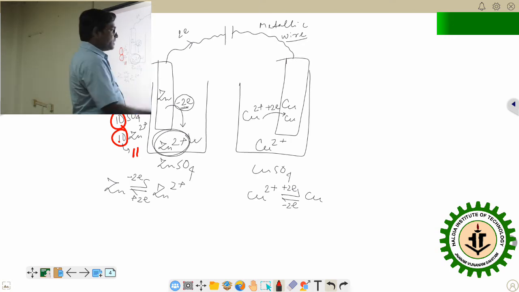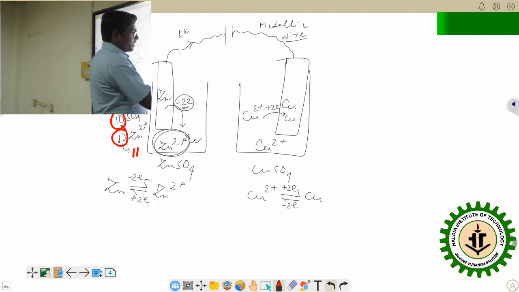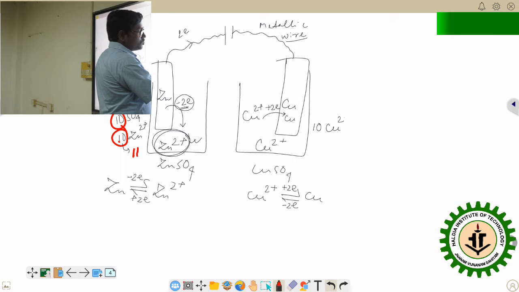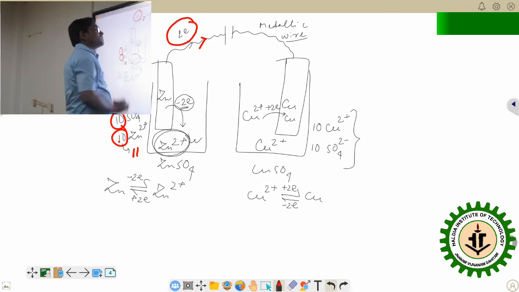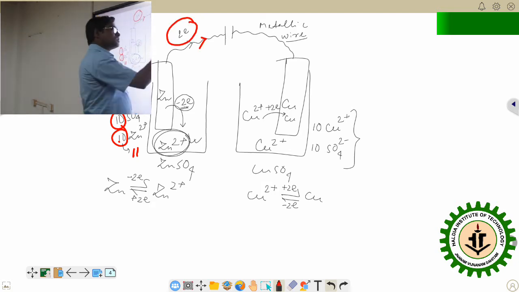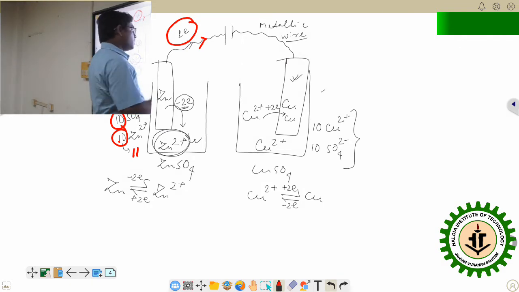Now you come to the right side. Here, as usual, there were initially 10 Cu2+ and 10 sulfate 2-. That means the solution was neutral. Now when the 2 electrons flow through this circuit and reach this copper rod, what happens?